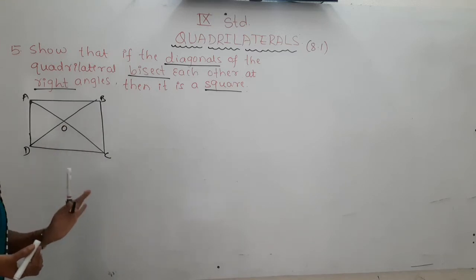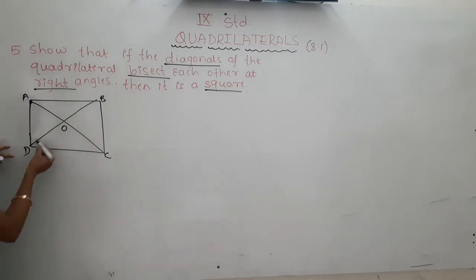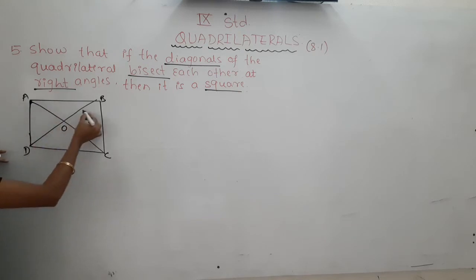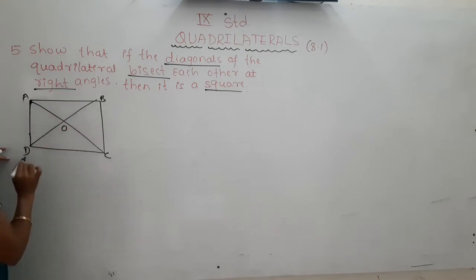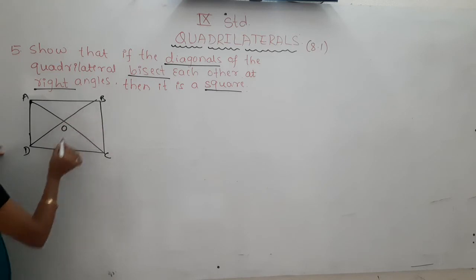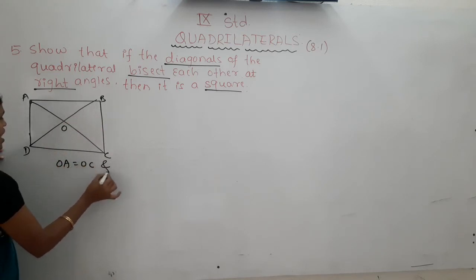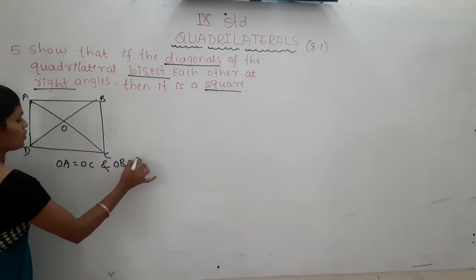What is given here? The diagonals bisect each other, which means OA equals OC and OB equals OD.